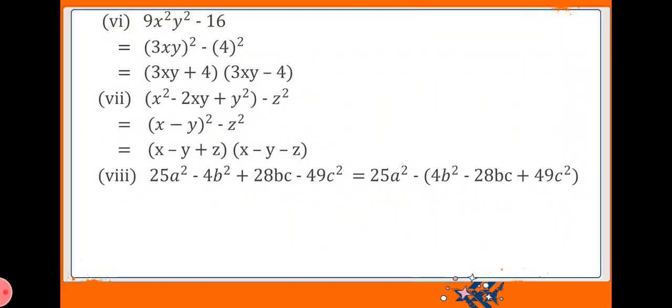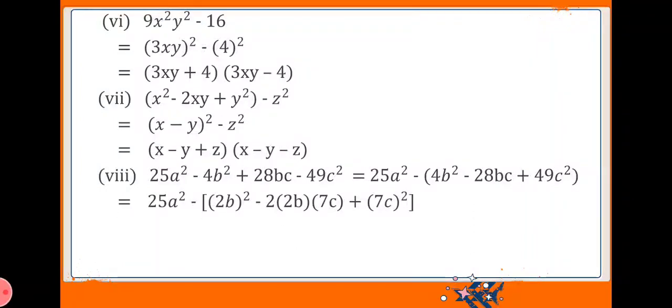Now looking at the bracket terms, we can see that again it is a perfect square for subtraction, because the middle term is minus. So we write equal to 25a square minus (4b square minus 2 into 2b into 7c plus 7c whole square), that is 25a square minus (2b minus 7c) whole square. 25a square again is the perfect square of 5a. So we write (5a) whole square minus (2b minus 7c) whole square.